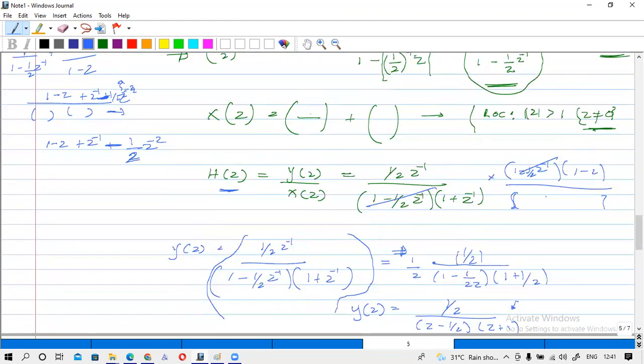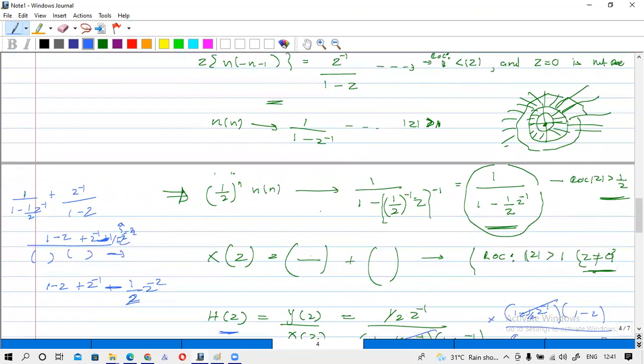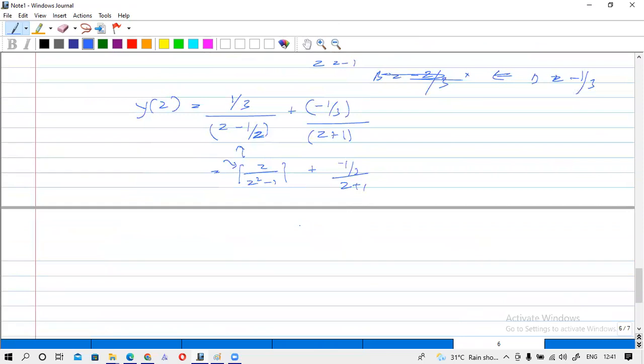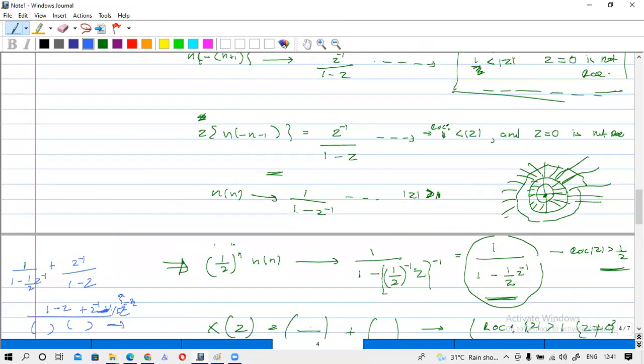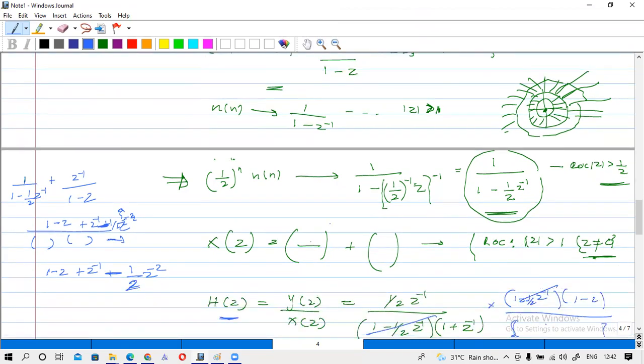What is that? Our first one, no? The unit step, this one. We have the same value, no? z minus 1, 1 minus z.